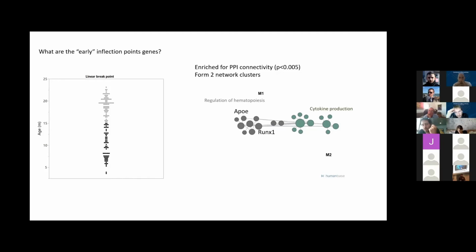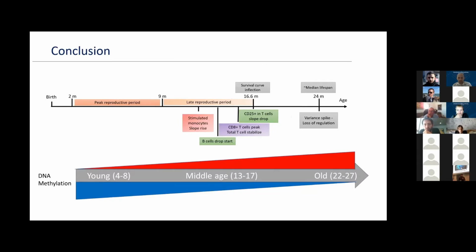So that to us indicates that a lot of the population frequency differences that we see with age result from changes in the stem cells. And it's not just terminal regulation. We think it starts in the bone marrow. So that's the basics of it. There's a lot more, but it will take a long time to present. But I just wanted to give this a preview.